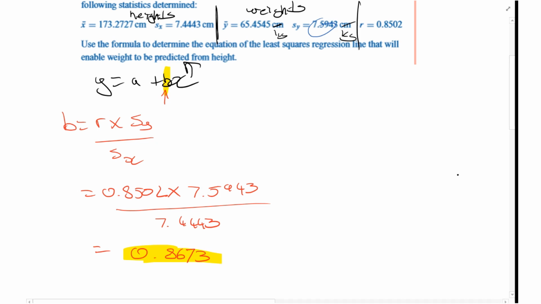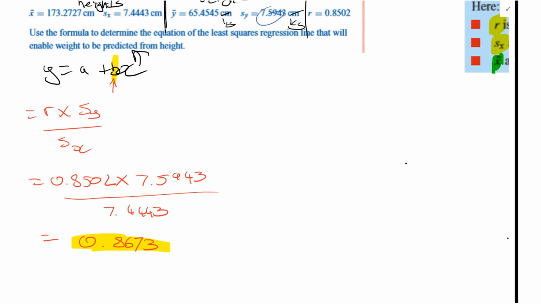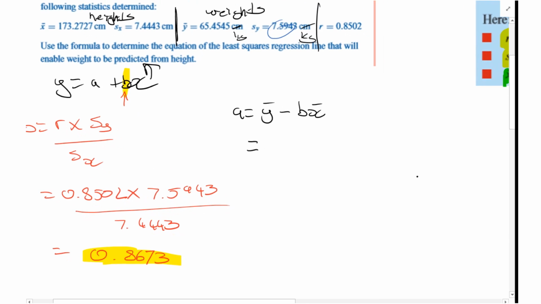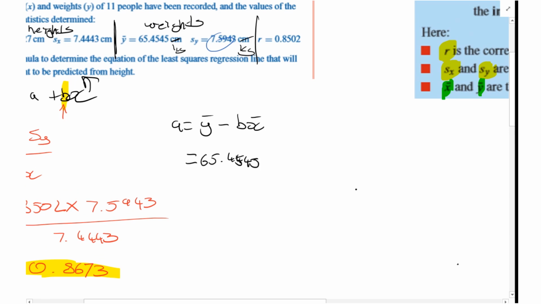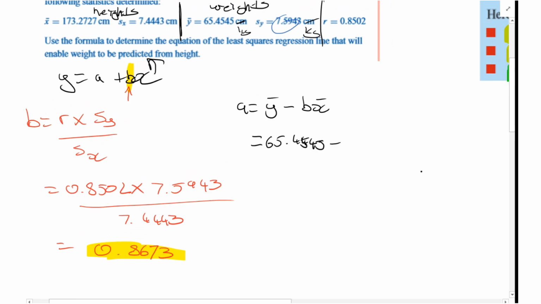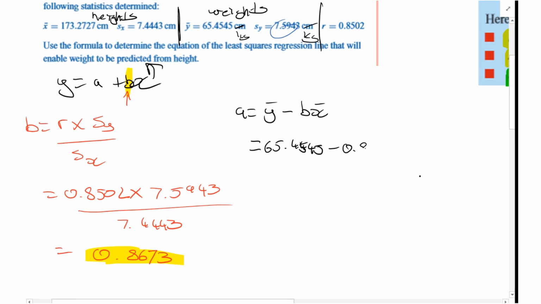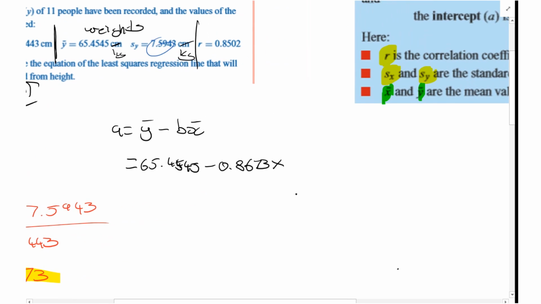Okay, now we're going to go a equals y bar minus b x bar. Y bar is 65.45 minus 0.8673 times x bar.